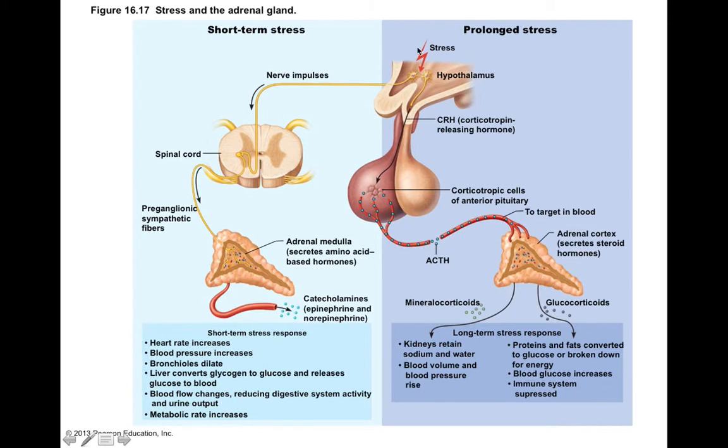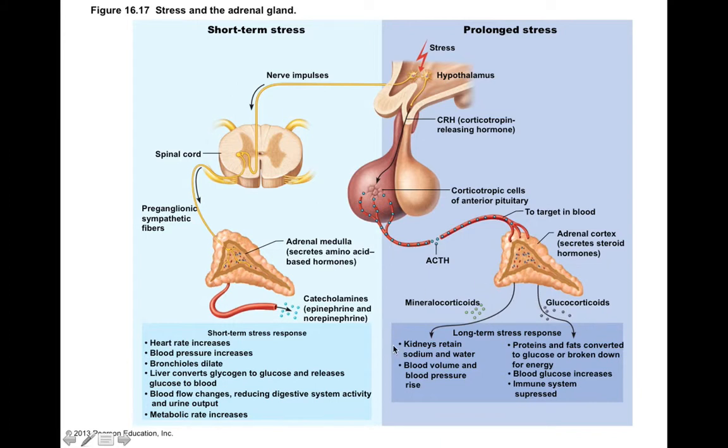Prolonged stress leads to the release of corticotropin-releasing hormone by the hypothalamus, and that hormone causes the release of adrenocorticotropic hormone, or ACTH, by the anterior pituitary, where that ACTH travels through the bloodstream and stimulates glandular cells in the adrenal cortex to release mineralocorticoids and glucocorticoids. So with prolonged stress, we see severely elevated mineralocorticoids and glucocorticoids.